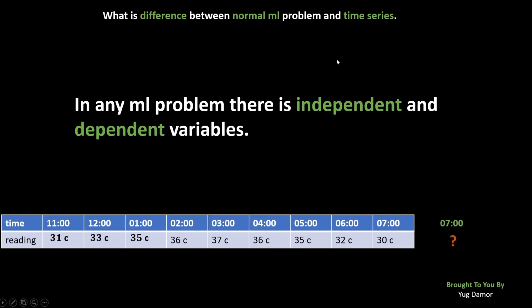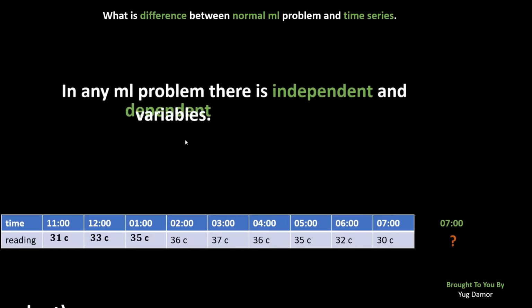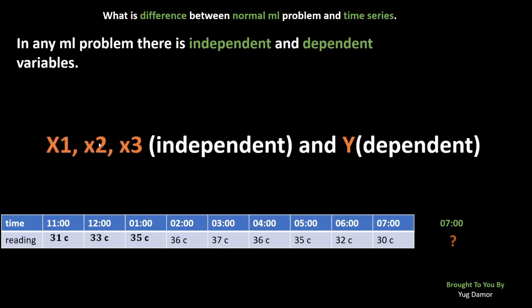So in any ML problem, there are independent and dependent variables: x1, x2, x3 are independent variables and y is the dependent variable. We train our model on these variables and predict the value of y. This is not the case in time series.